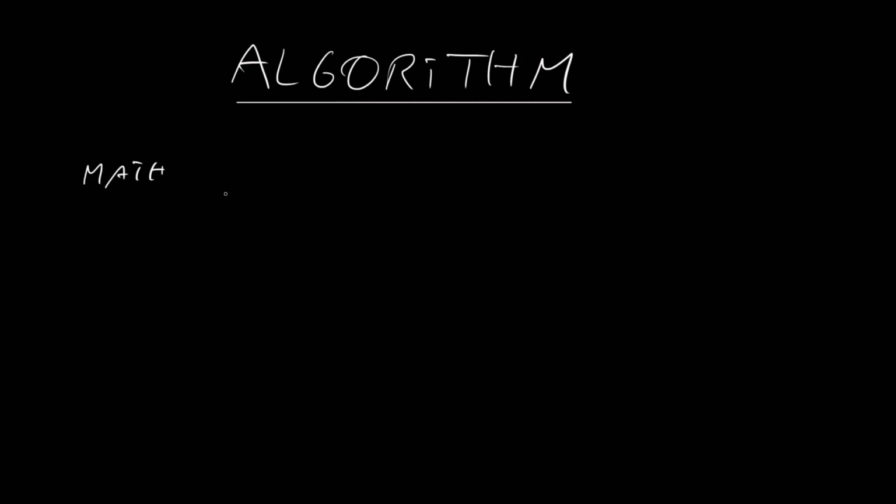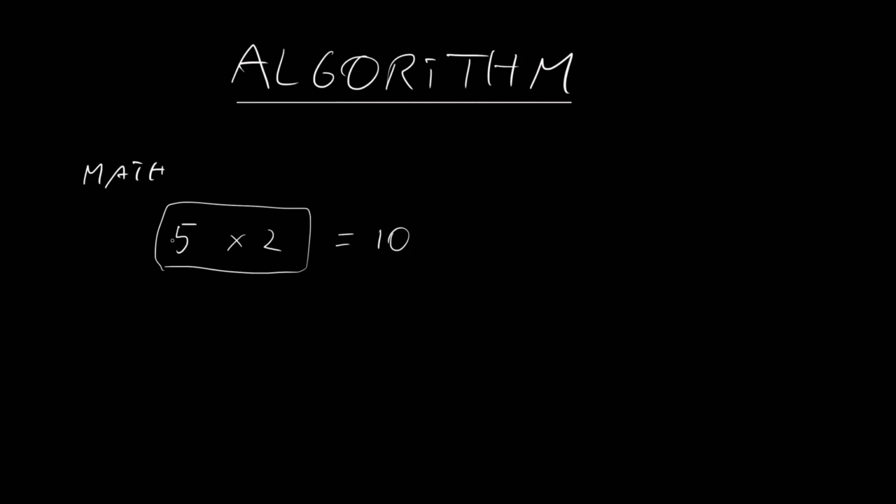So let's say that you have a number like 5, and then you perform some kind of operation, like you say you multiply it by 2, and you get 10. This is, albeit a very simple algorithm, it is an algorithm.